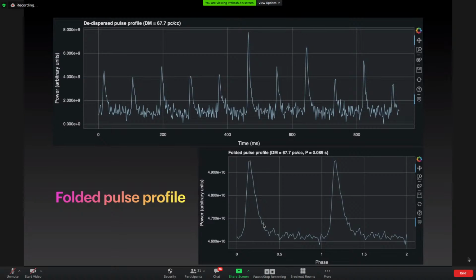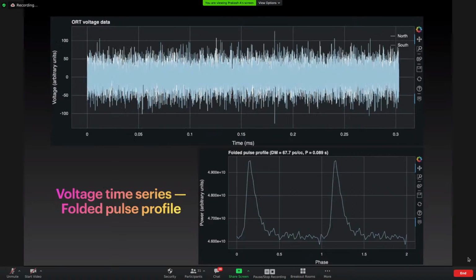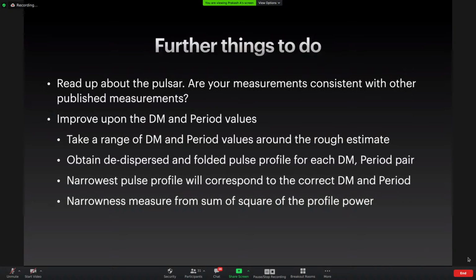Any value that is spread over two different bins, when squared and added, will give you a smaller number compared to both of those values contributing towards the same bin. That is essentially the idea behind this metric for determining narrowness.